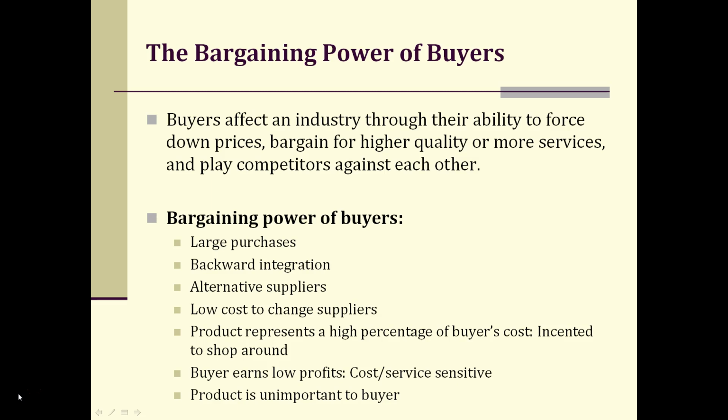A buyer or a group of buyers is powerful if some of the following factors hold true: large purchases, backward integration, alternative suppliers, low cost to change suppliers, product represents a higher percentage of buyer's cost, incentive to shop around, buyer earns low profits, quality or service sensitive, and the product is unimportant to the buyer.